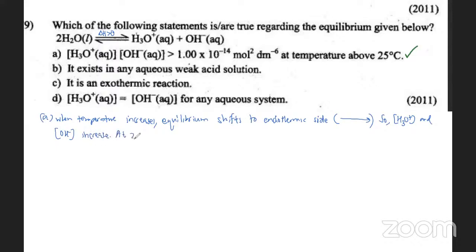At 25 degrees Celsius, we know H3O plus concentration times OH minus concentration is equal to our Kw, which is 1 × 10⁻⁴ mol² dm⁻⁶. So at temperatures greater than 25 degrees Celsius, obviously the multiplication is going to be more than the value at 25 degrees Celsius.